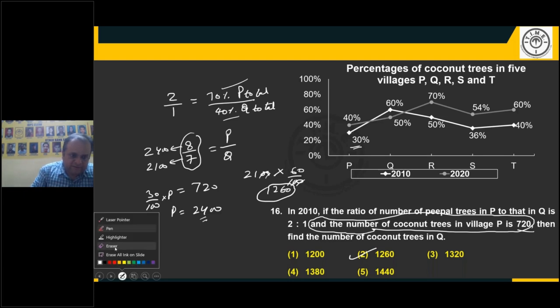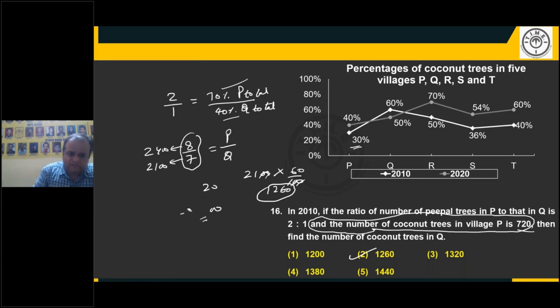Sure. I'll explain. See, what is happening here is we have been given that coconut trees in village P is 720. Now, see, P में 2010 में what is the percentage? 30%. So can we say 30% of P ka total is 720? Because coconut trees are only 30%.